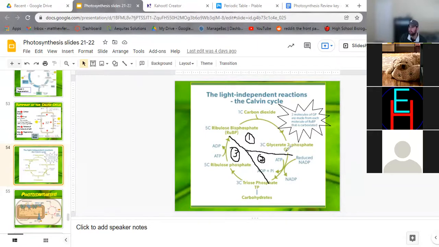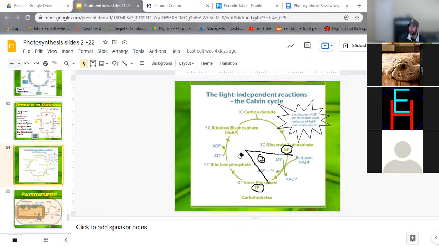I want to start with this one. I'm starting with this diagram because the names of the molecules in this diagram are the names that you will most likely be seeing. GP and TP are the names of these molecules that you will probably see the most in this class. RuBP won't change much.